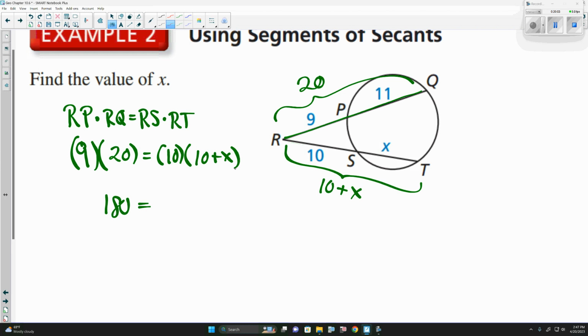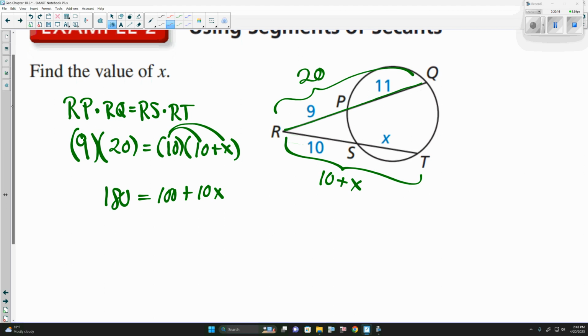Now, we already said 9 times 20 is 180. Now, for this one here, we do have to distribute the 10. 10 times 10 is 100, plus 10 times x is 10x.